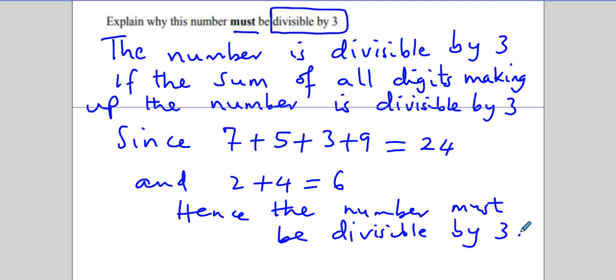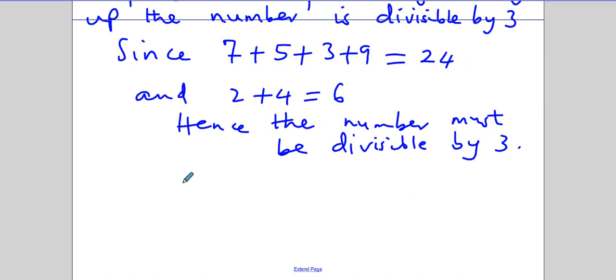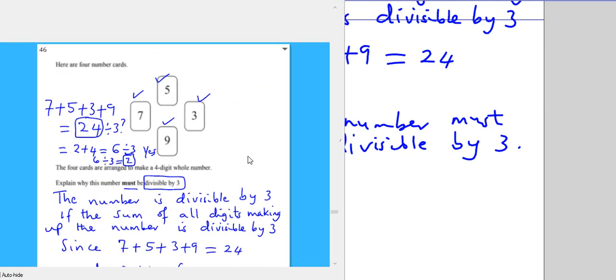See that? Or you can go back to the divisibility test of 3 and see what we discussed. Otherwise, let us carry on.